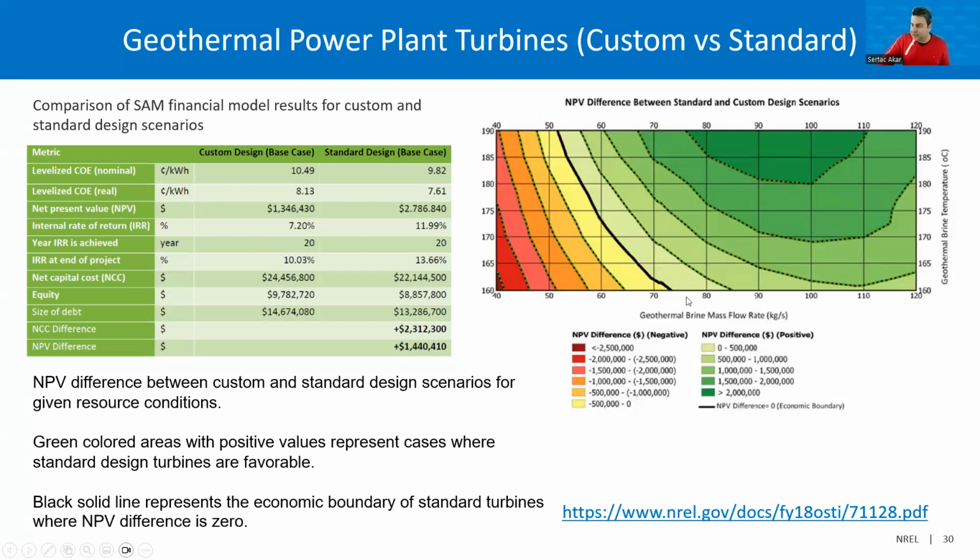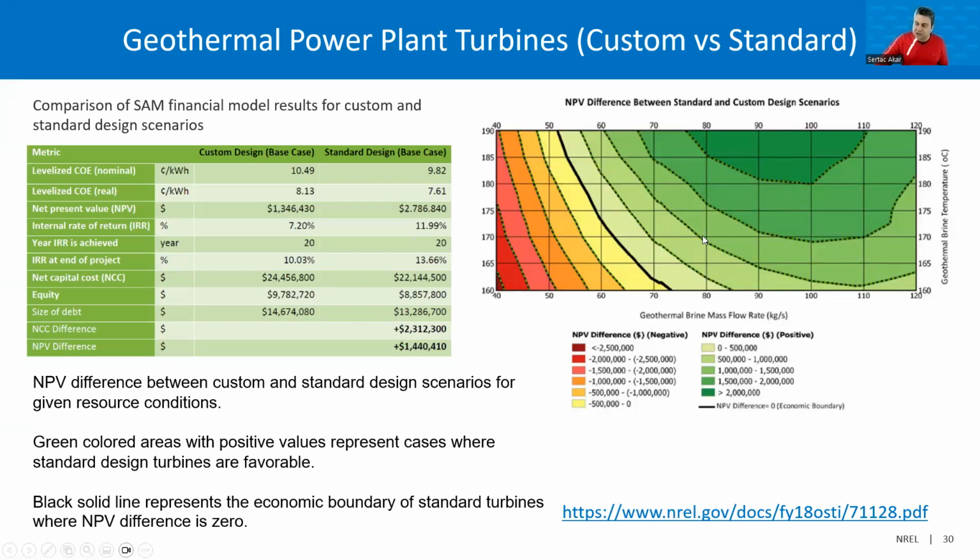As an example, this is the flow rate in kilograms per second. Let's say I have 2 wells, each flowing at 40 kilograms per second, a total of 80 kilograms per second, and my temperature is 170 degrees. I'm here.